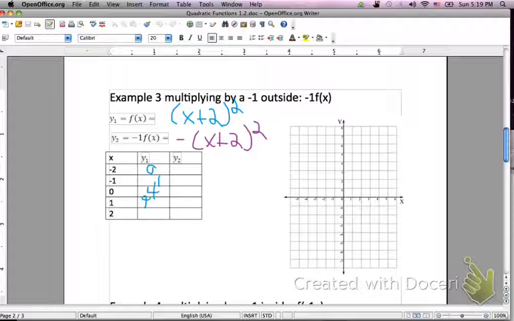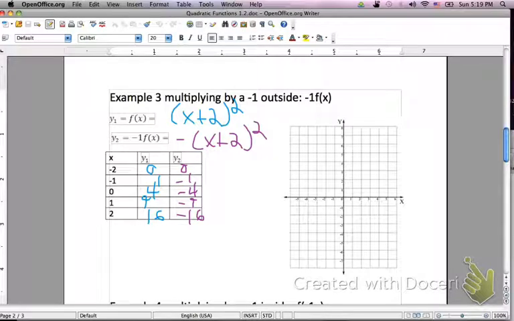Then 9, and then 16. And if I just multiply those y values times a negative 1, I would get 0, negative 1, negative 4, negative 9, and negative 16.